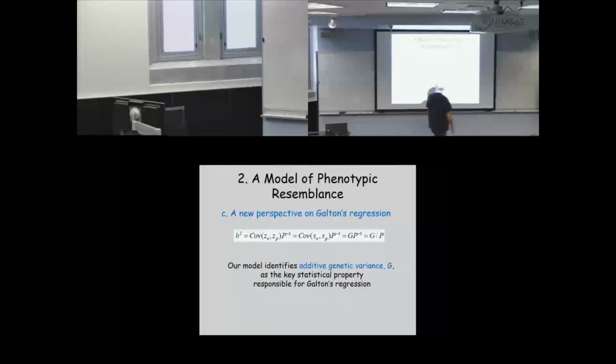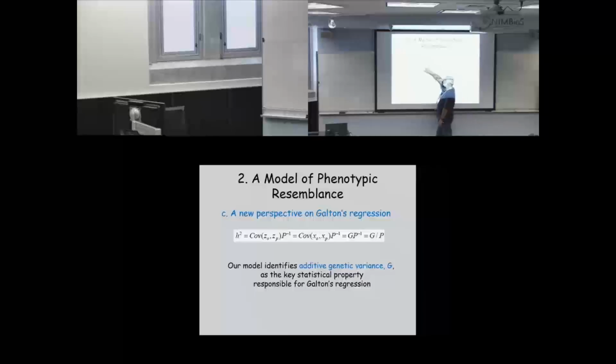Okay, and as Joe pointed out, that gives us a new perspective on Galton's regression. Because if we look at the covariance between an offspring and one parent, let this be mid-offspring and let this be mid-parents, we work through the algebra, and we end up saying that this phenotypic covariance is equivalent to the covariance between the breeding values of offspring and parents.